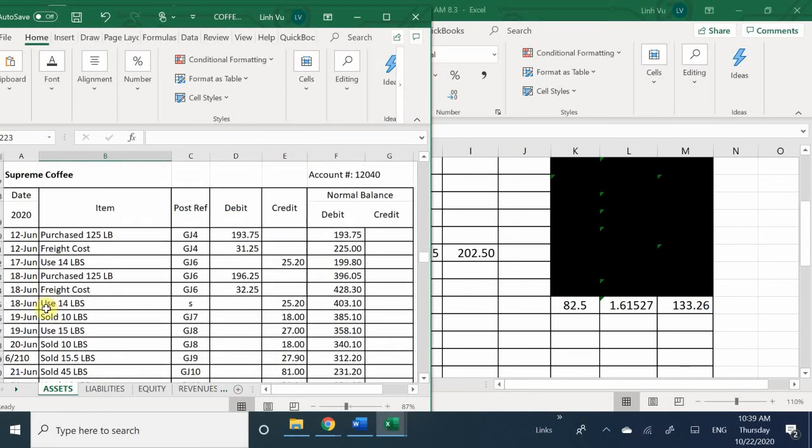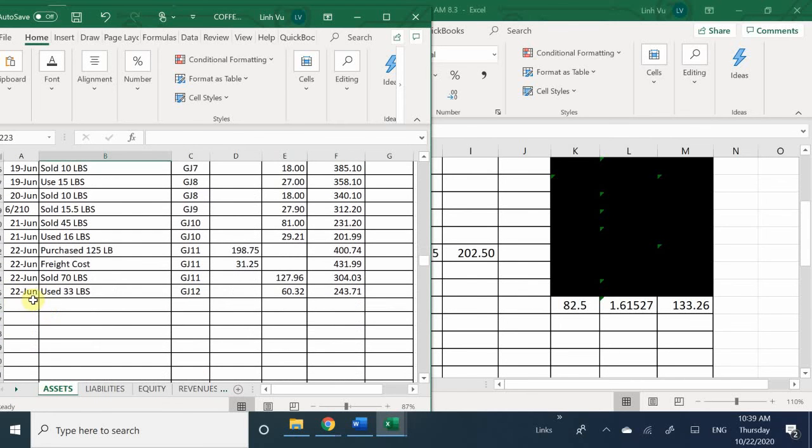Now we gotta go update our Supreme Coffee for the 23rd. Same thing, General Journal 12. But this time, this is for 63. Yes. So what is your total amount here? 183.08.